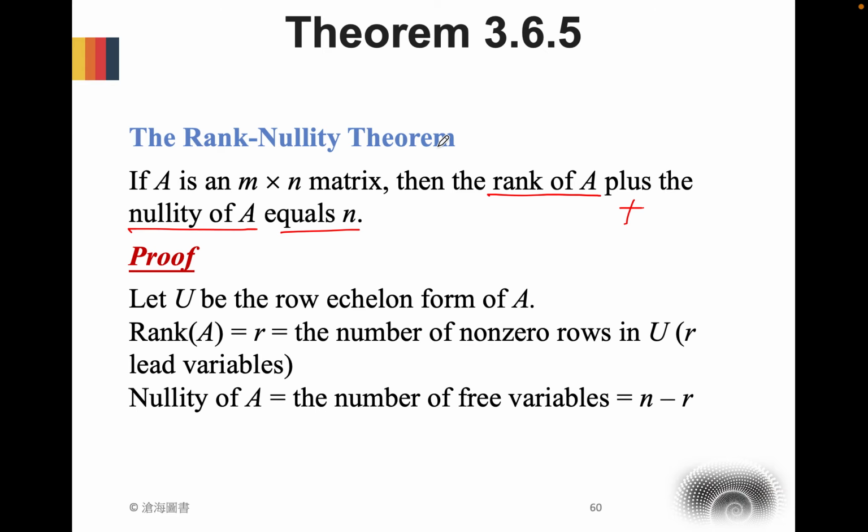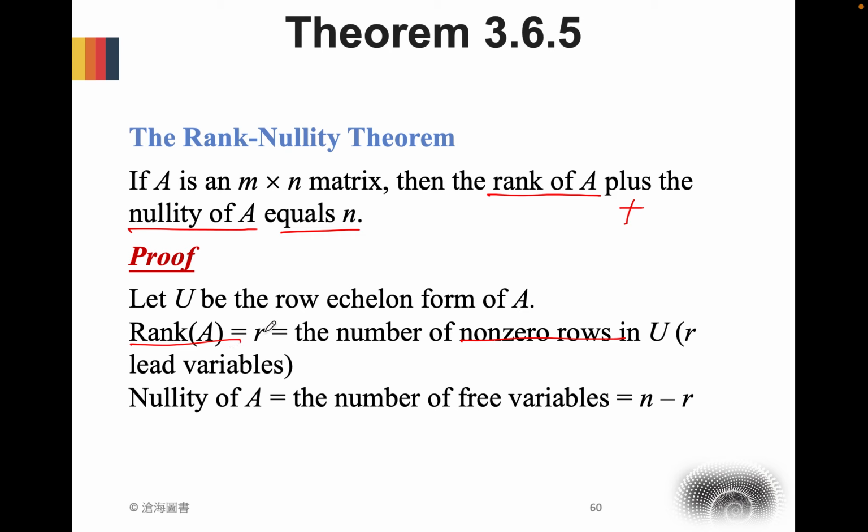Okay, so how can we prove that? Let U be the row echelon form of A. Okay, and remember that the rank of A means the number of non-zero rows, right? The number of non-zero rows in U is called the rank of A, right?